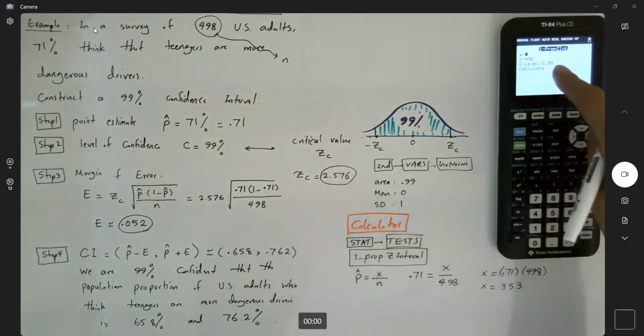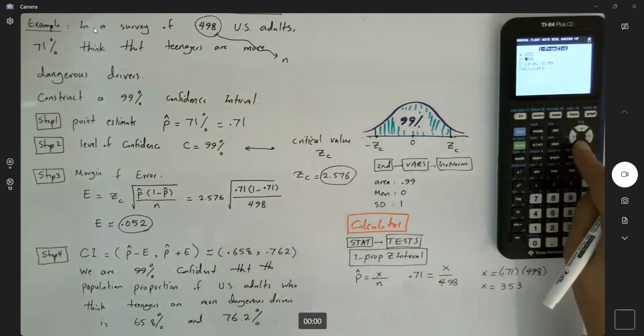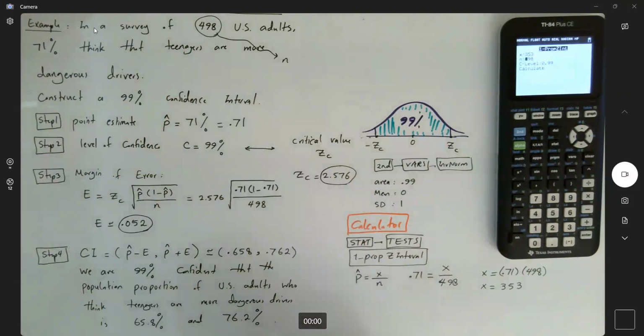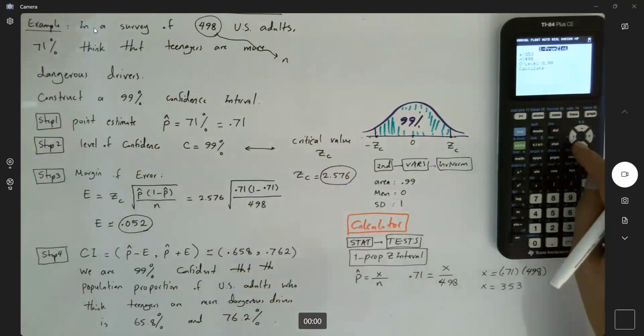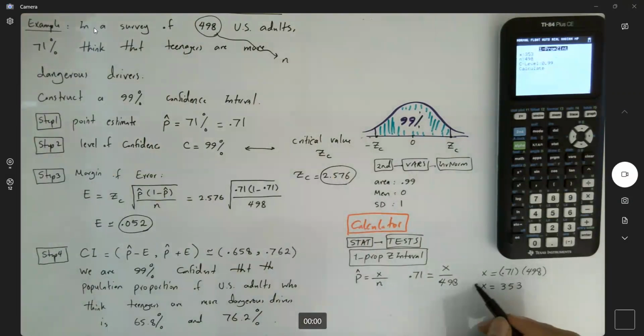So I'm going to enter 353, and the number of people in my survey, 498, and the level of confidence, 99%, or 0.99.